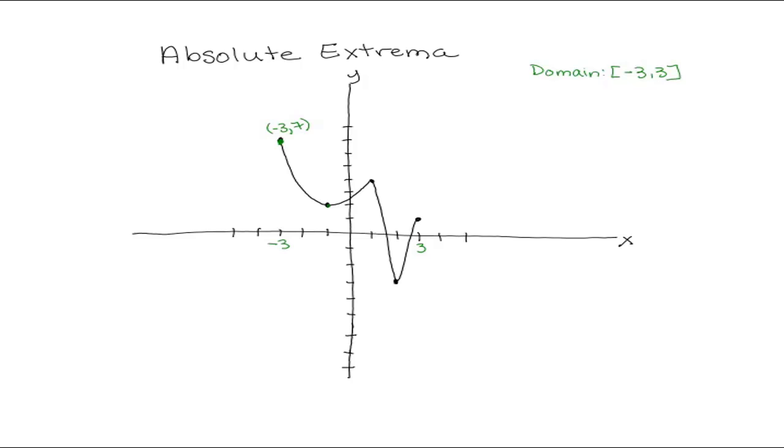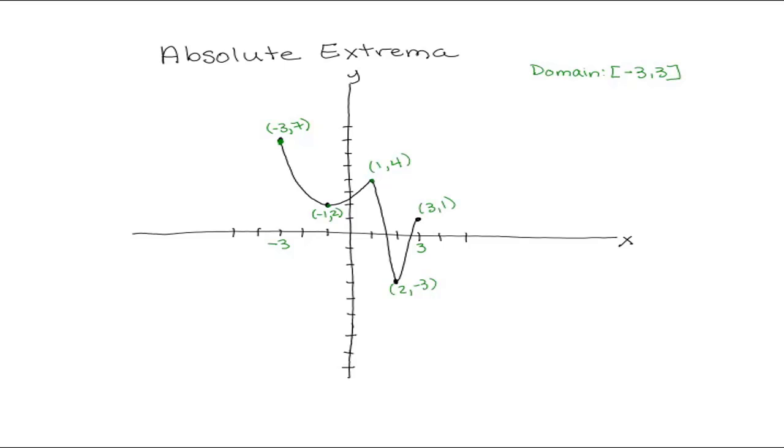We have another interesting point over here. The x value is negative 1, and the y value is 2. We have another point here, located at 1, 4. Another point down here located at 2, negative 3, and another point here located at about 3, 1.